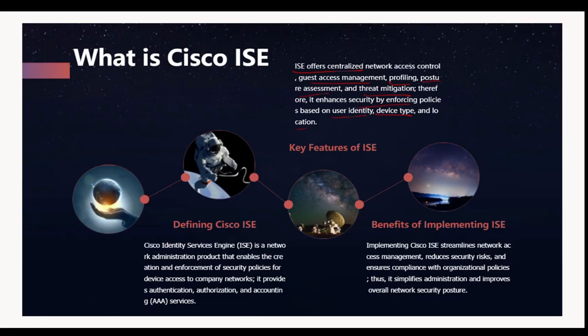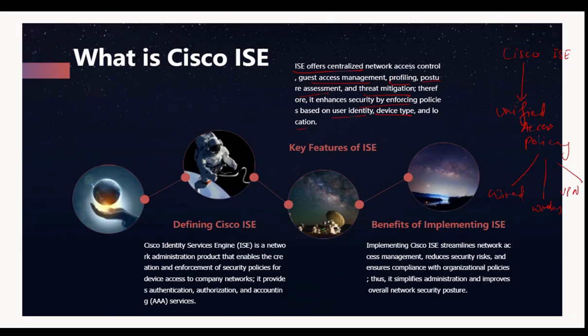The Cisco ISE architecture goes like this. The Cisco ISE solution has a unified access policy, and it can be connected through wired, wireless, or VPN connections. Cisco ISE's strength is its ability to use contextual information in its decision-making process.